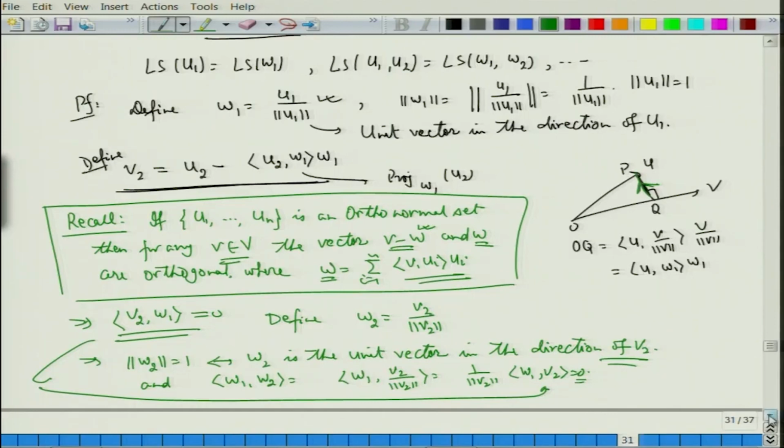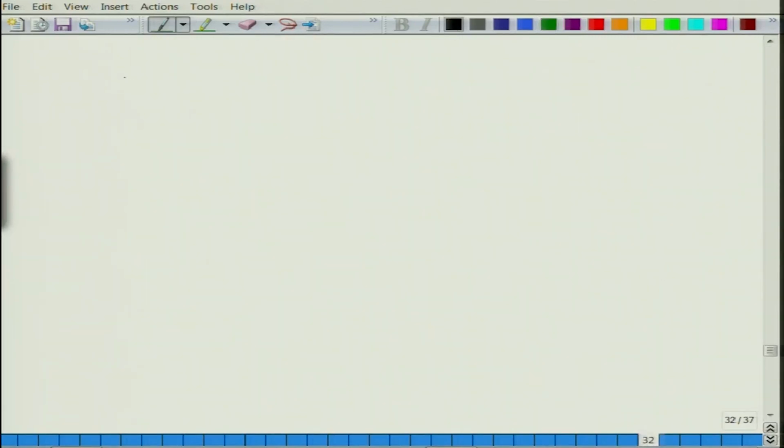How do I get W3? Again I define W3 to be equal to, so the idea is if I want to define W3, I have to get V3 also, and write W3 as V3 upon length of V3.